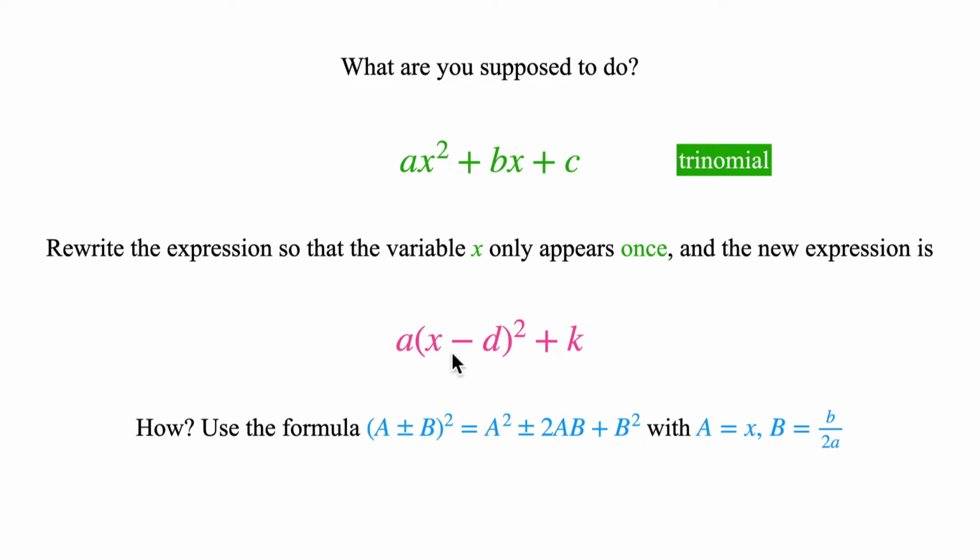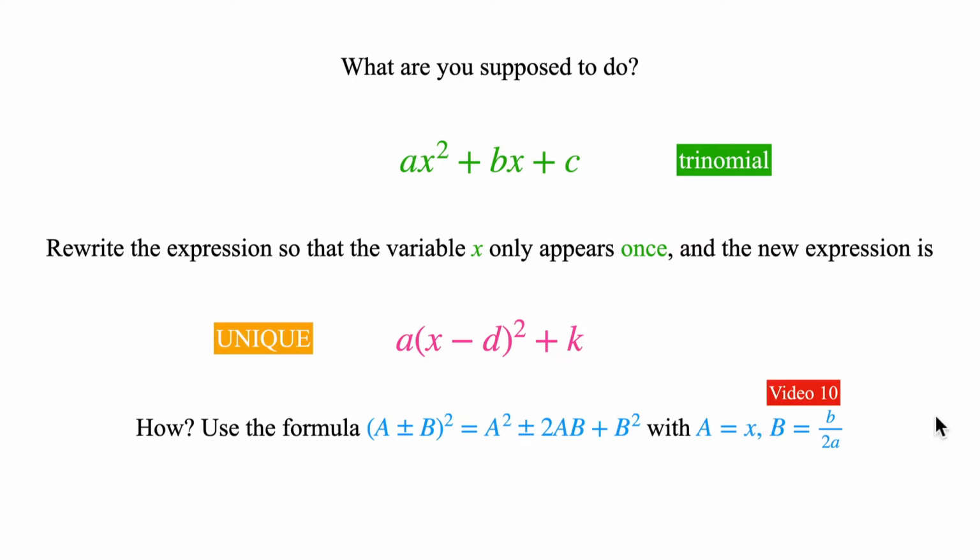And how are we going to do this? Well, we will use the formula for the square of a sum or difference. With A equal to x, you see again that I used A and B capital letters, just to not have a confusion with this a and this b, which are here parts of our trinomial.